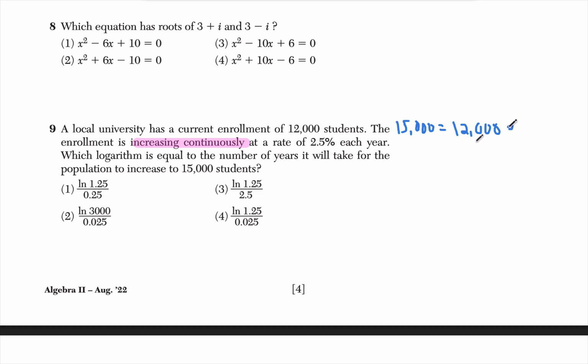So that's where I get my e. What's my rate? 2.5, but it has to be a decimal, so 0.025, and my time, which in this case is my unknown. We don't know how much time it takes. And then from here, you want to solve for t.